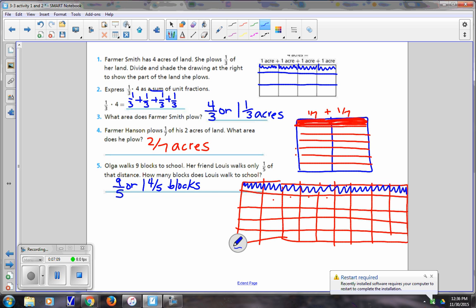Now another way to do this is you can also go 1, 2, 3, 4, 5, 6, 7, 8, 9, because that's 1/5. See this 1/5 here? That's what it would look like in blocks. Okay? I know this looks a little confusing, but this is the part that's coming up as a fraction.